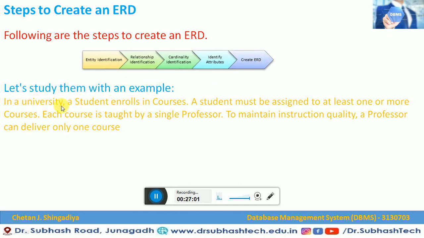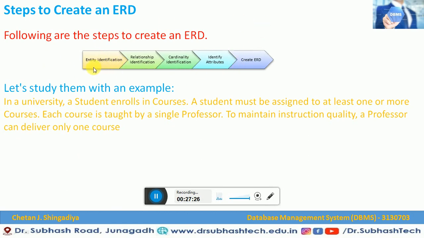In a university, a student enrolls in courses, and a student must be assigned at least one or more courses. Each course is taught by a single professor. To maintain instruction quality, a professor can deliver only one course. So this is the example, and for it we have to create an ER diagram by following these steps.